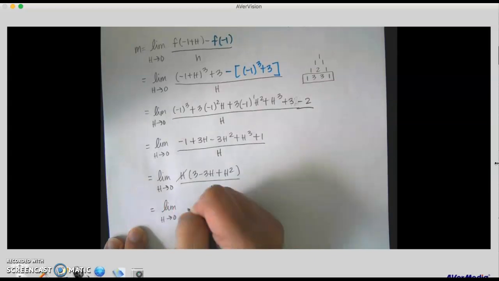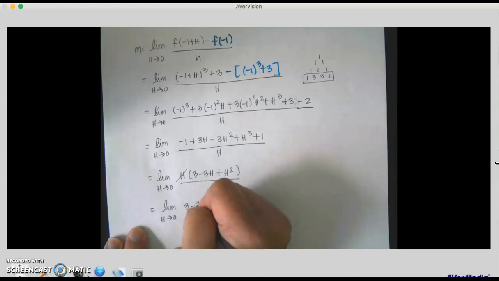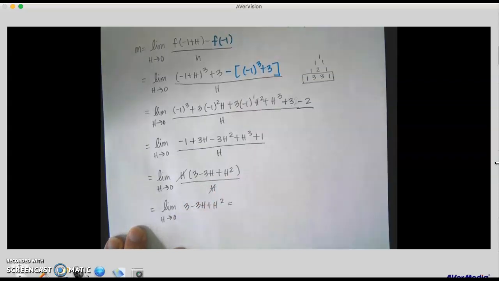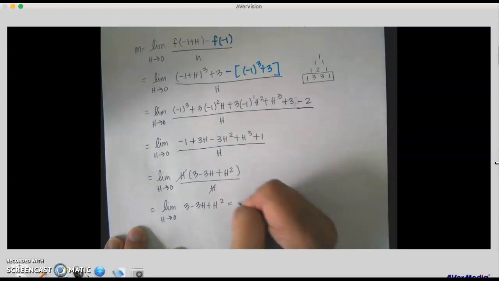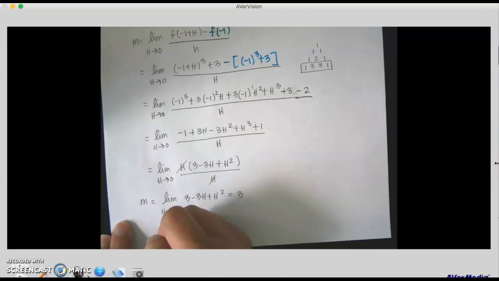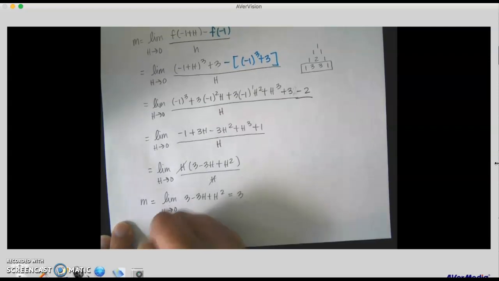So we really now have the limit as h approaches 0 of our simplified equation. And then now we could plug in our h to be 0, so we have 3. Okay. So we're saying that my slope is 3 at the coordinate point negative 1, 2.